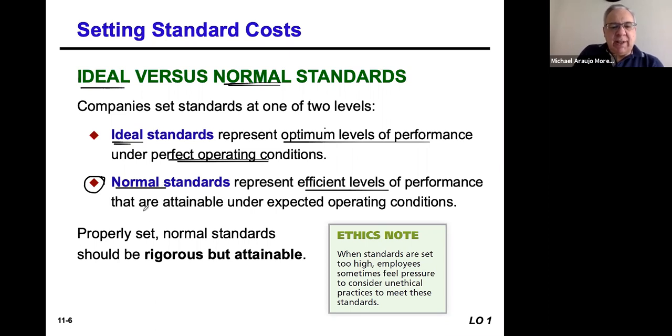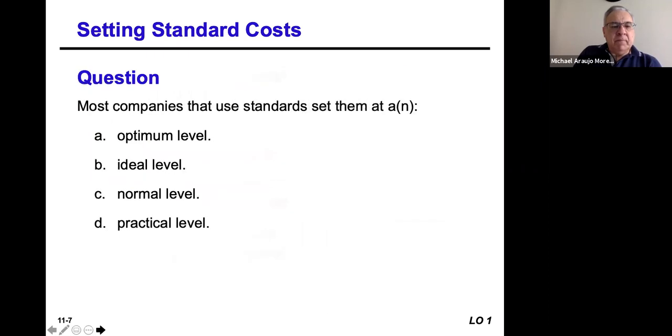When it's done right, these standards are not just rigorous, because they promote efficiency, if not optimal levels and perfect conditions. But they're reasonable enough to be attainable, meaning people can do it, the organization can do it. So these are very important for all businesses. Most companies use standards at a normal level, not an ideal level.